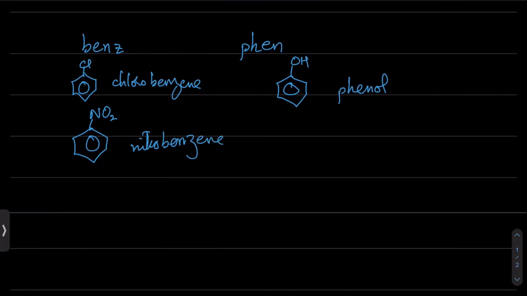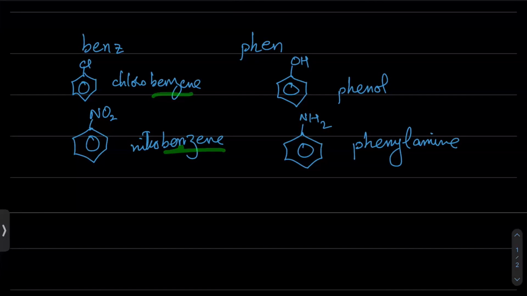But if I have benzene attached to, let's say, NH2, this is called phenylamine. So one possible trend that you can see is that when benz is used, it's at the end of the name, and when fen is used, it's at the start of the name. You will think that's how it is. And let me prove you wrong.